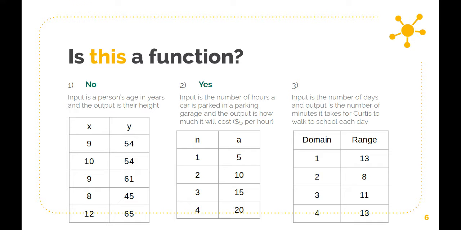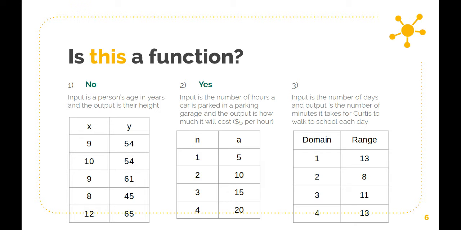So if you're there for 1 hour, it's not going to cost you both $5 and $10. It will only cost you $10 if you are there for 2 hours. So each term has its own sequence number.